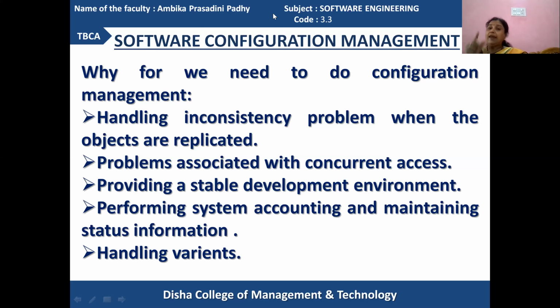So if in any program module's variant a particular bug arises, then we need to make updations or fixations of the bugs in all the variants. All the different variants can be updated at the same time for fixing the bug if it is set through configuration control.